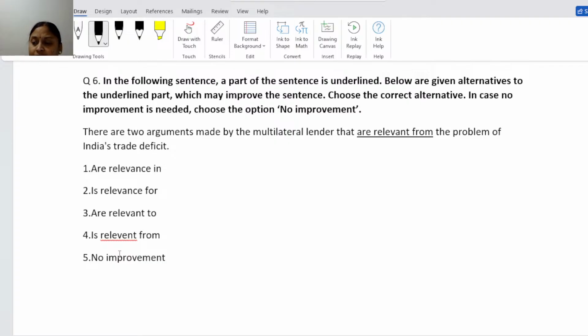So regarding this, we are supposed to check whether it is correct or not. Are relevant from. So here they are given as a form.